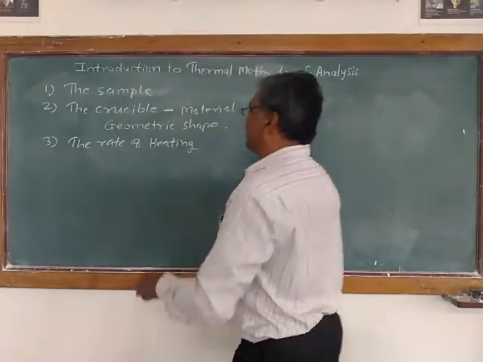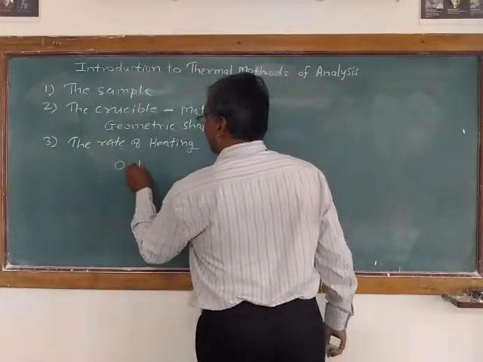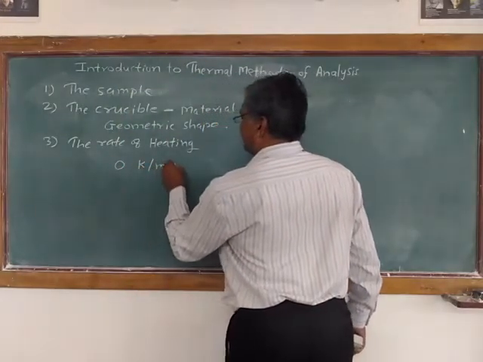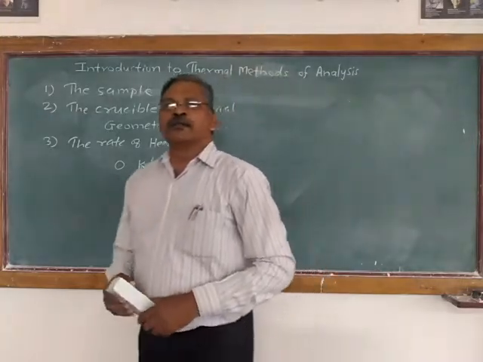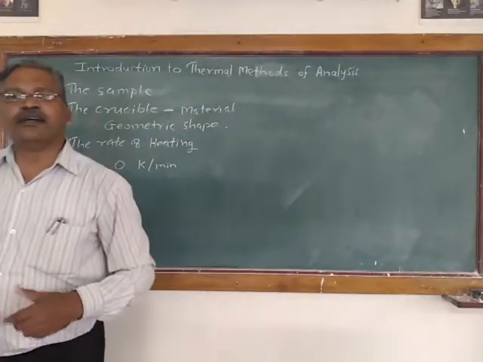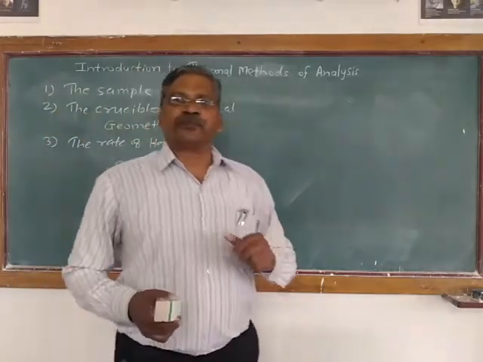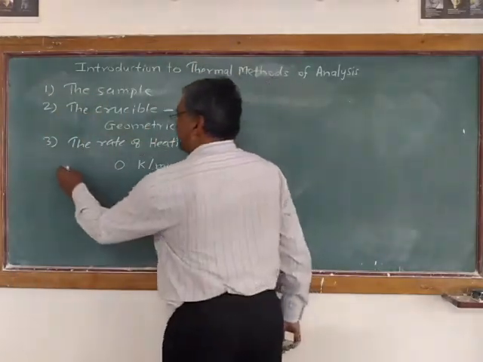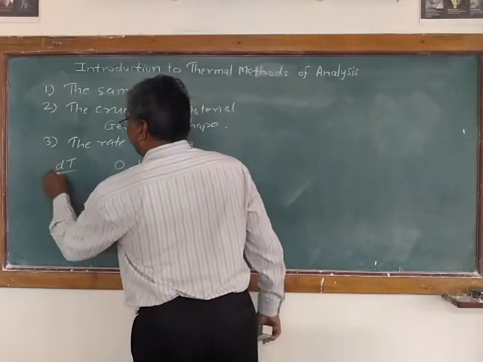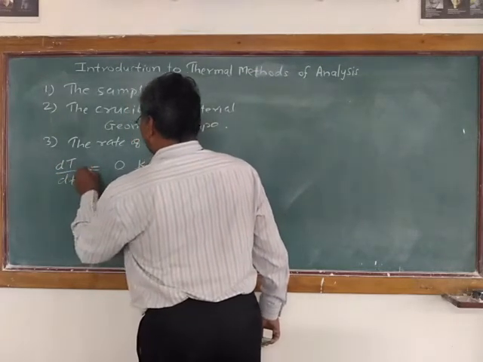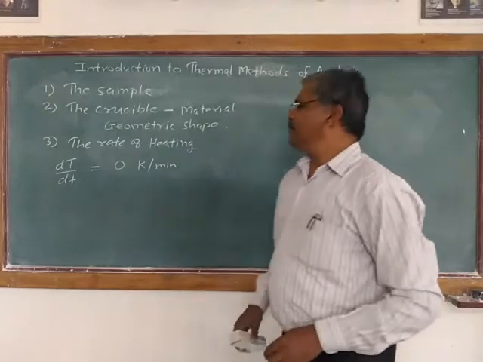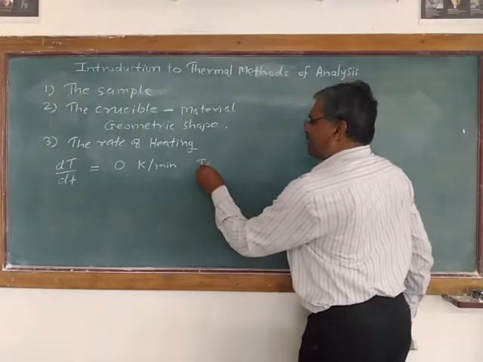For example, if the heating rate is 0 Kelvin per minute, that means this is under isothermal conditions. There is no change in the temperature. The dT/dt, if it is 0 Kelvin per minute, means it will be isothermal heating.